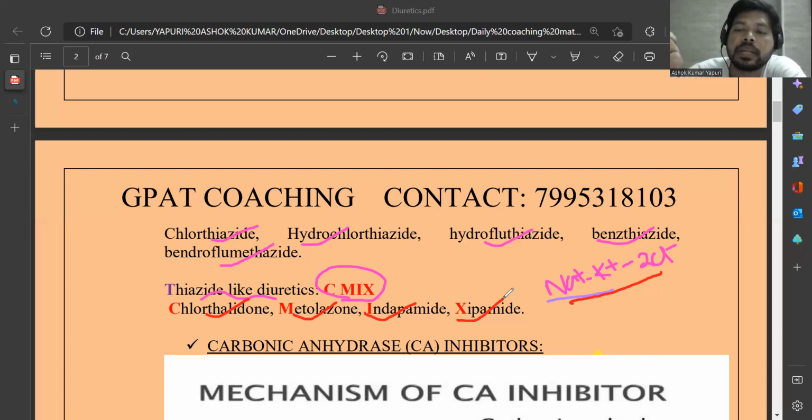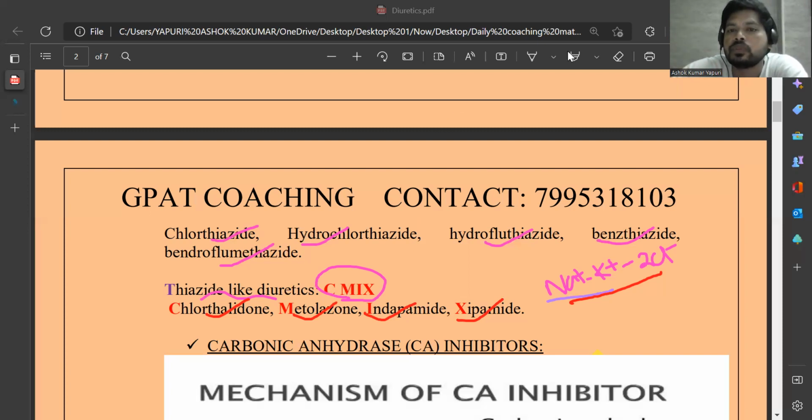Thiazide and thiazide-like diuretics have the same mechanism, that is, they inhibit the sodium transporter, but they differ in their structural chemistry.